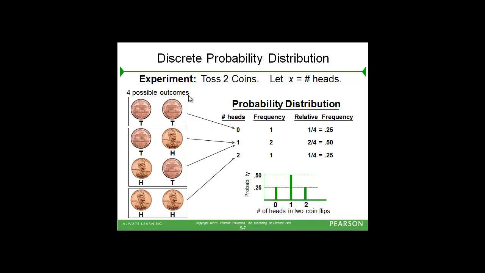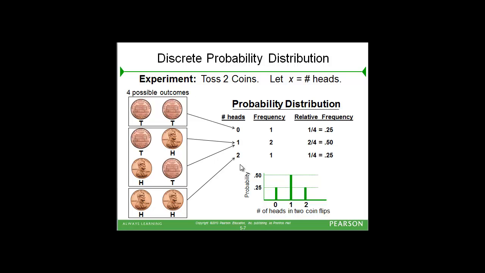So 1 over 4, we get the probability is 25%. And for 1 head facing up, there are 2 possible outcomes out of the 4, so the probability is 2 out of 4, which is 50%.